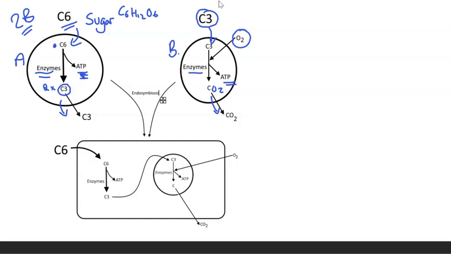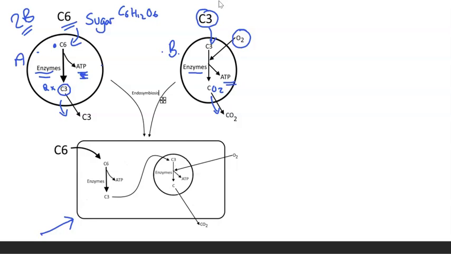So Margulis' argument was that these two cells, A and B, decided to combine their chemistry. And so within a single cellular structure, shown here, this is the symbiotic cell, a combination of two.